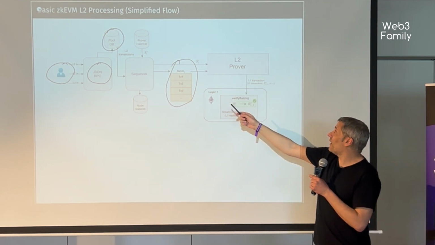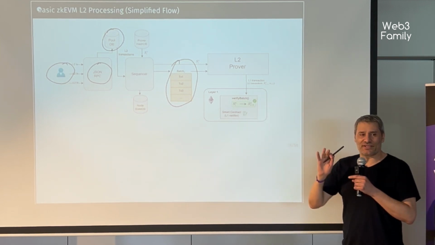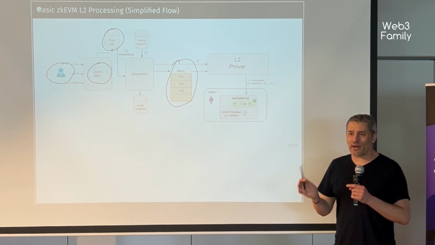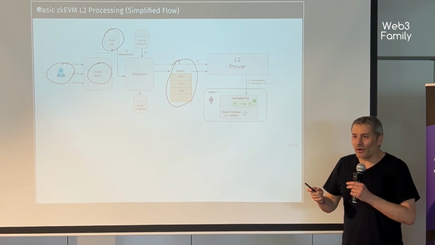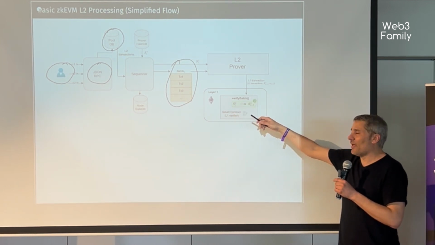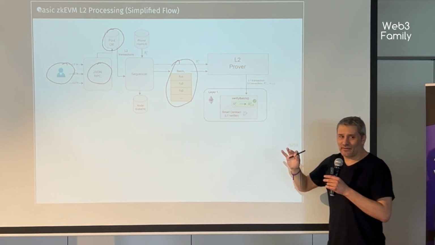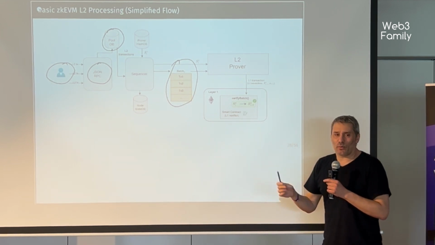Then this information is stored by a smart contract in layer 1, and we essentially store a cryptographic pointer. We do a hash of all this information, but the smart contract still doesn't know which is the new state.